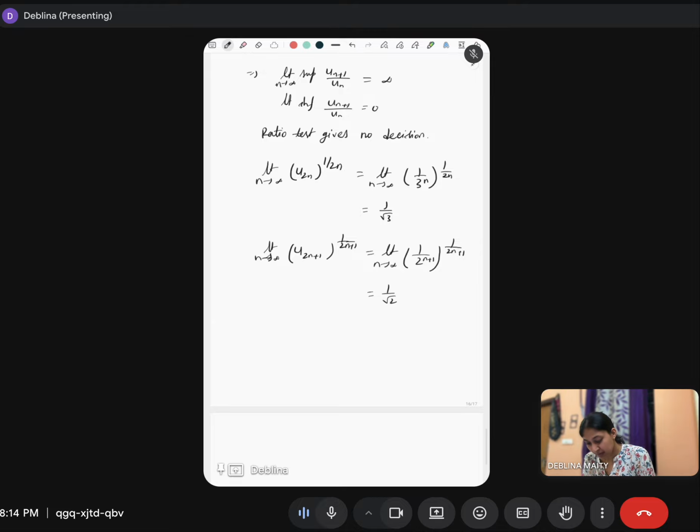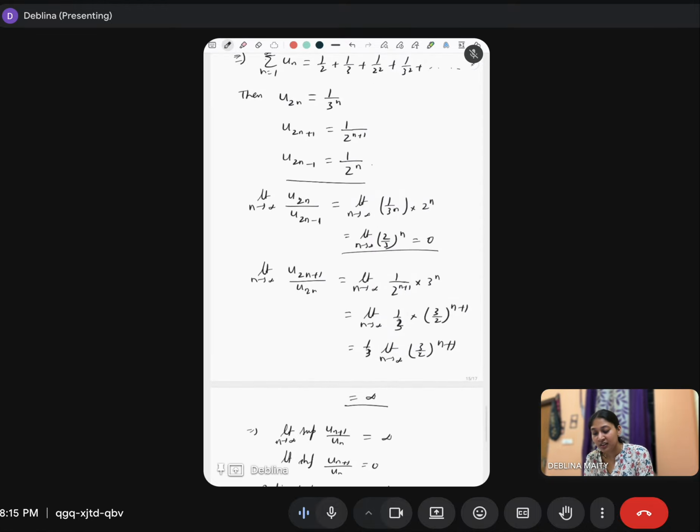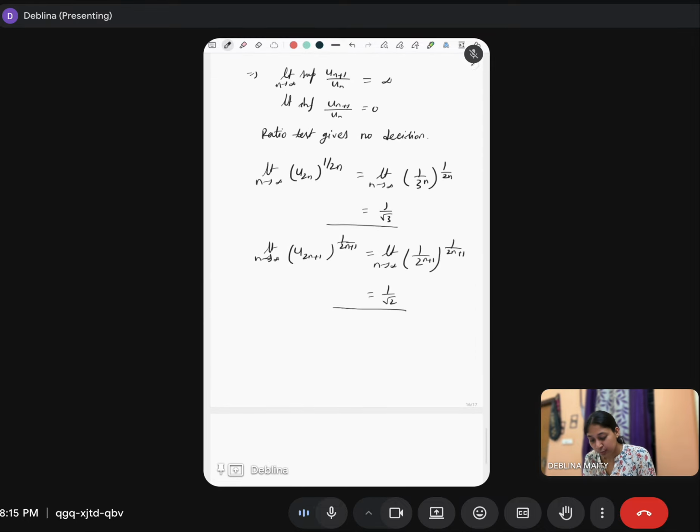So we are getting two values, and if we take u_{2n-1}, it will also give 1 by root 2, right? So the limit supremum of u_n to the power 1 by n is 1 by root 2, meaning the bigger one.